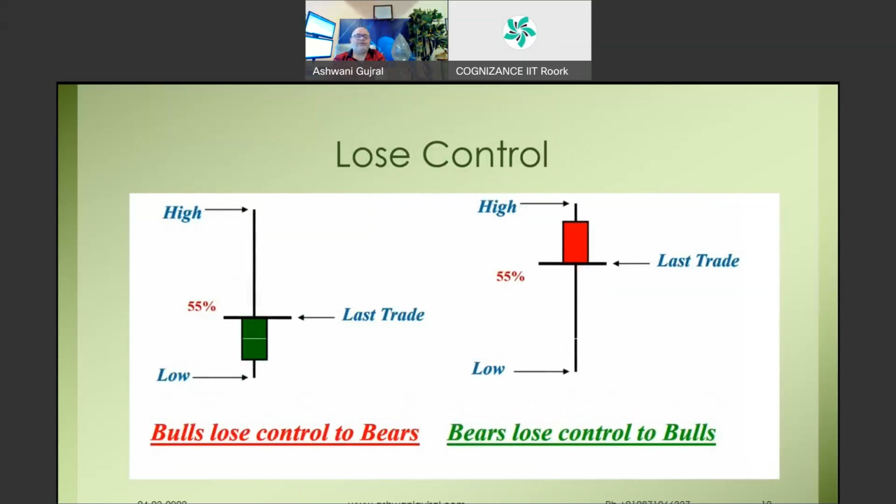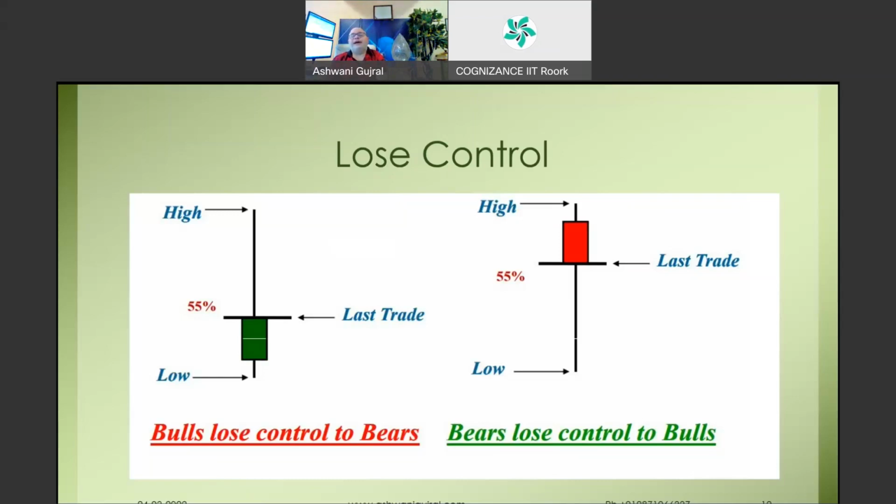And this is the worst out of all the cases where the bulls and the bears have not been able to hold even 55% of the entire bar. So this would in fact mean that the bears are in control on the first bar and the bulls are in control on the second bar, because they were able to take the prices to the other end.